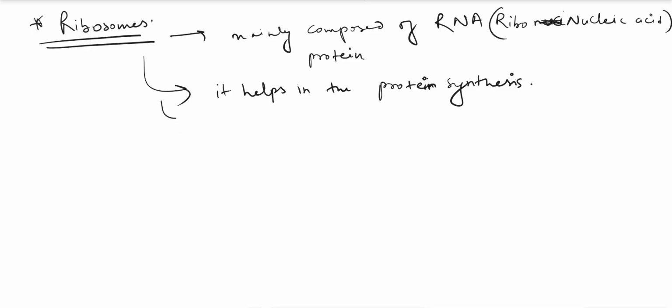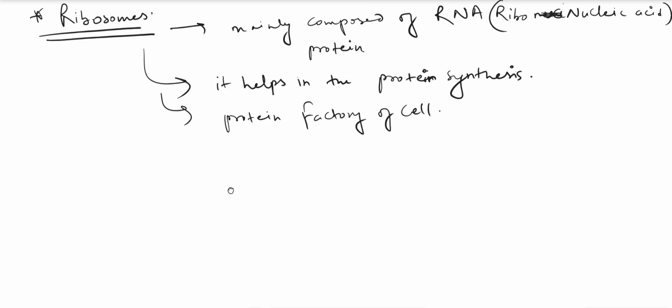That is why we can say the ribosome is the protein factory of the cell. Now we'll talk about the next organelle, that is the Golgi apparatus.